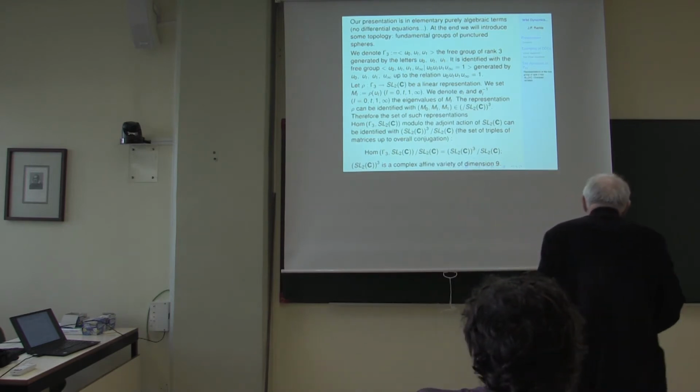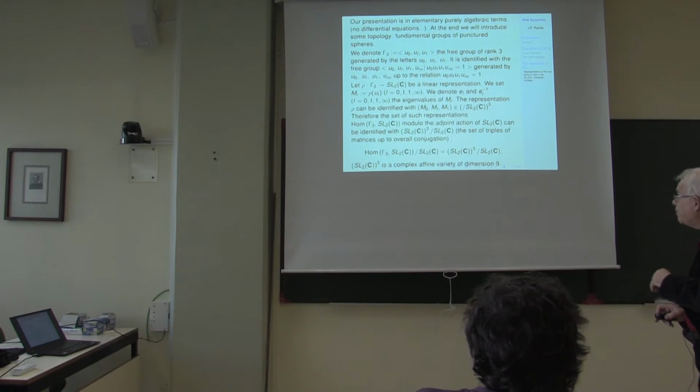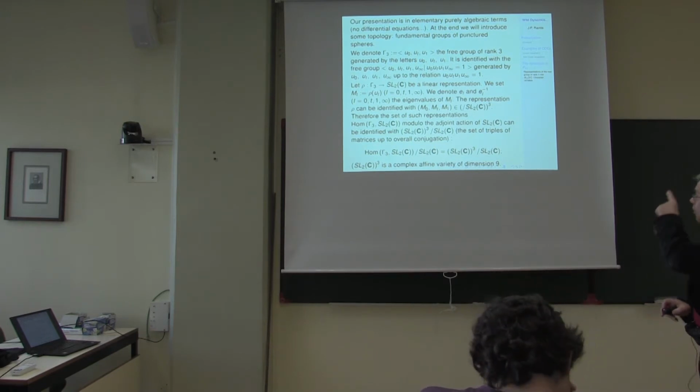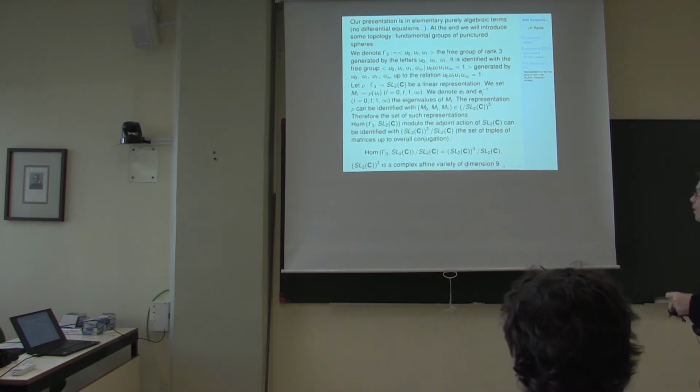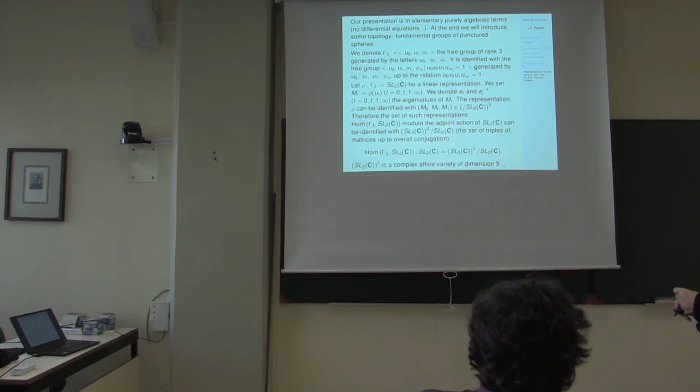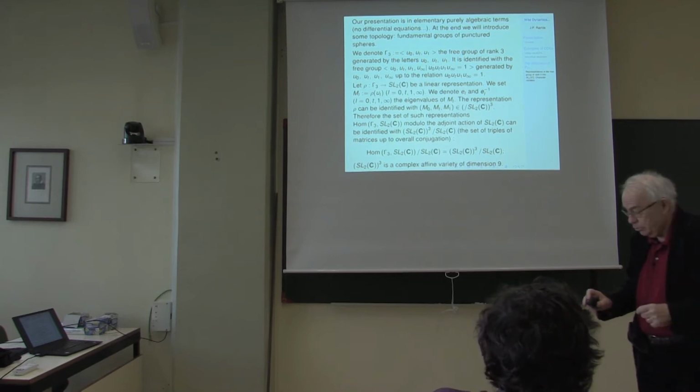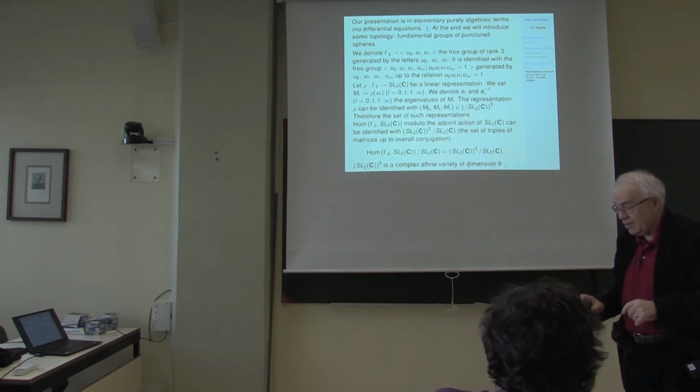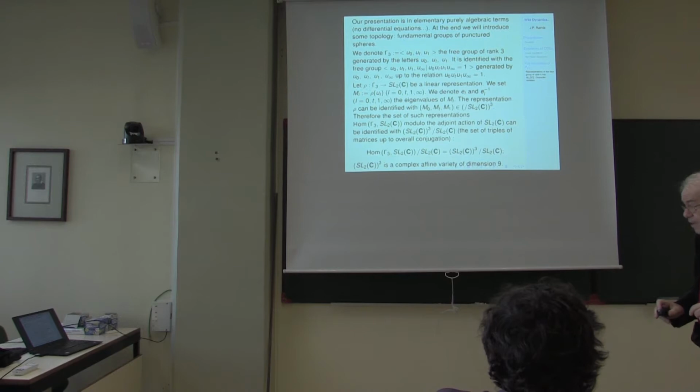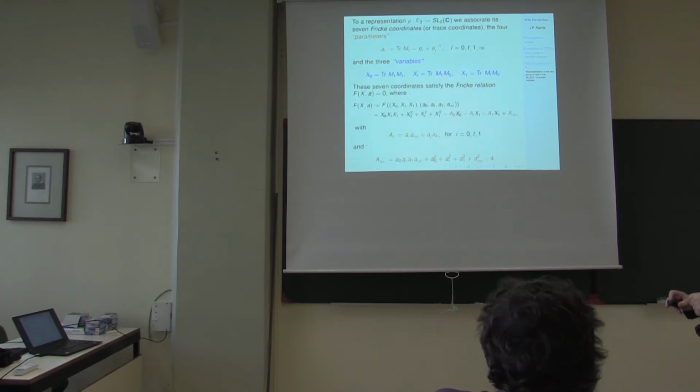Okay, so yesterday, I just recall briefly, I explained to you that the beginning of the story is a representation of the free group of rank 3 into SL2, 2 by 2 matrices with trace 0. I explained how to parameterize the space of representations using the free cubic here.